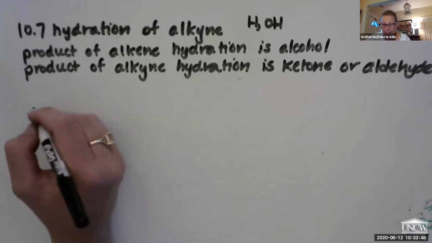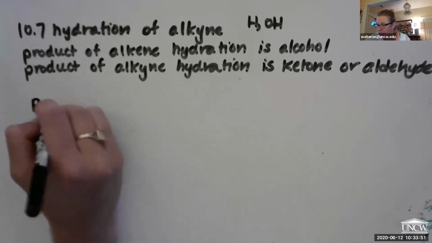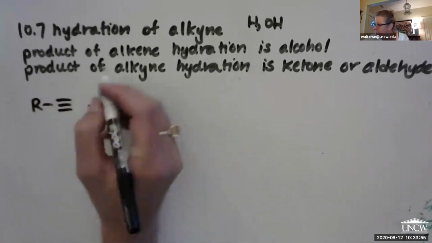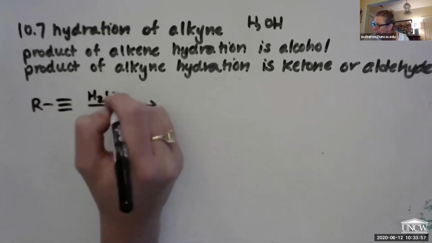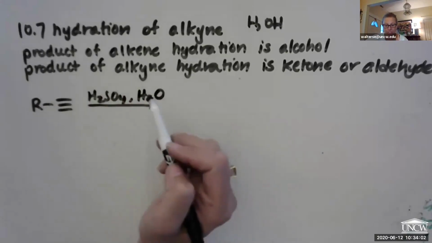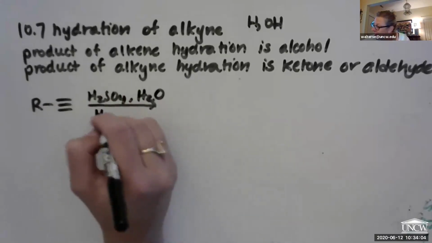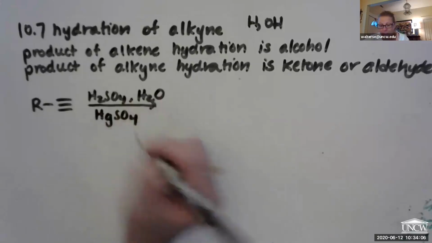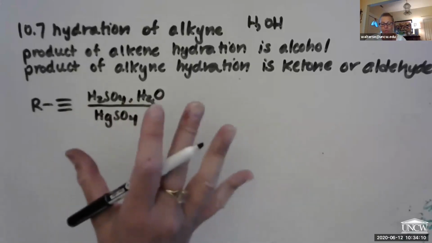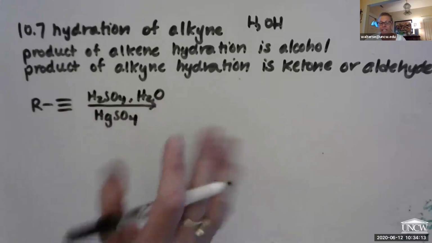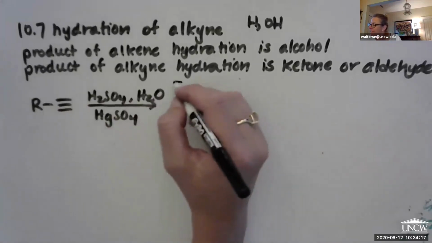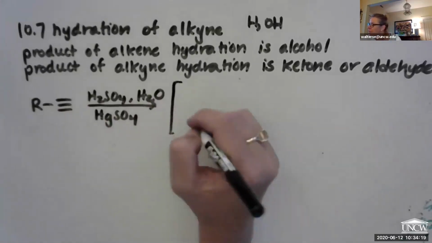So if you have your reactant alkyne and you put in sulfuric acid with water, so that's the acid catalyzed part, and for an alkyne, you put in mercury sulfate. Okay. And we're going to go through some of the details, not of the first step, but of the second step.